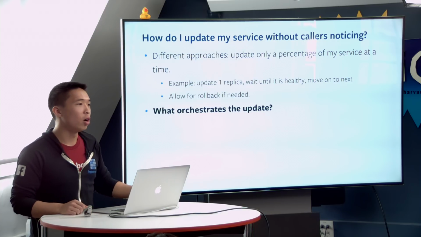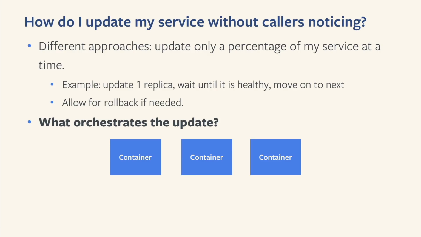So instead of taking them all down at once, one approach you might take is to take down only a percentage at a time. As an example, let's say I have 3 replicas of my service. I can tolerate 1 replica being down at any given moment. Let's say I want to update my containers from blue to purple.